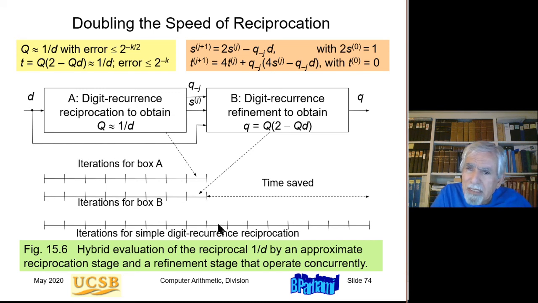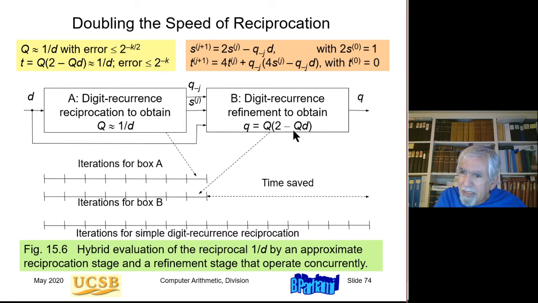This is based on a two-stage process where the first stage computes the reciprocal approximately using the ordinary divide algorithm. So if the reciprocal has k bits, this one may compute only up to k over 2 bits. So k over 2 iterations rather than k iterations, okay? So it takes less time to do that.